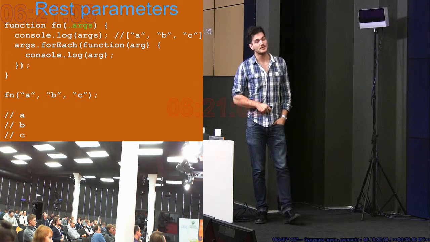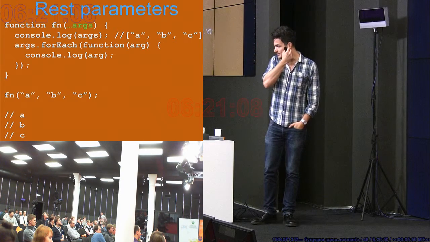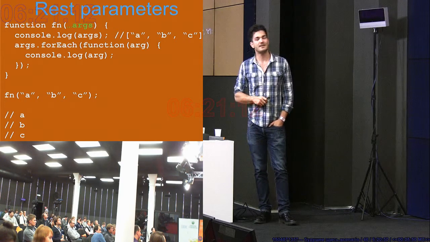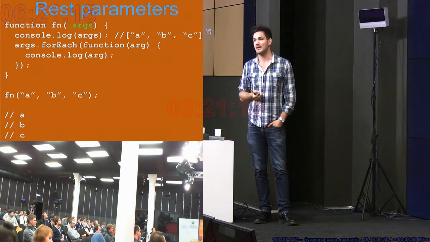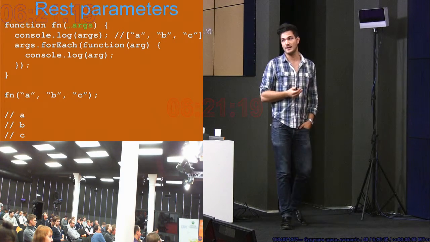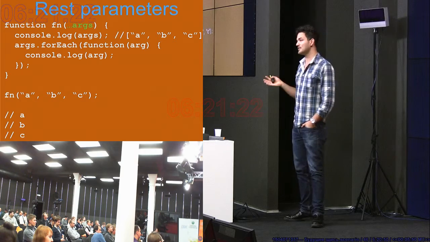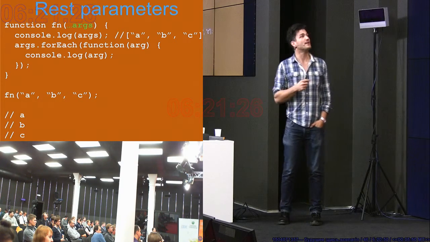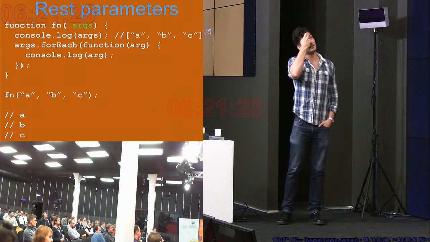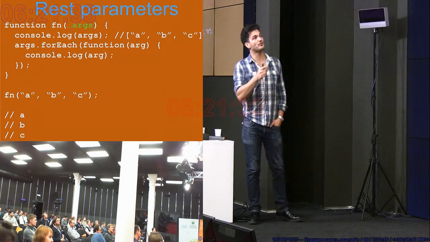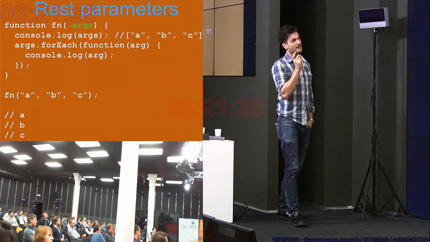Rest parameters. This is another concept about parameters in functions. As you know, at the moment, often we deal with the keyword arguments, which is array-like. It basically represents all the arguments of a function. But arguments is not an array. Now, if you use the three dot ellipsis notation, you will be able to get an array.